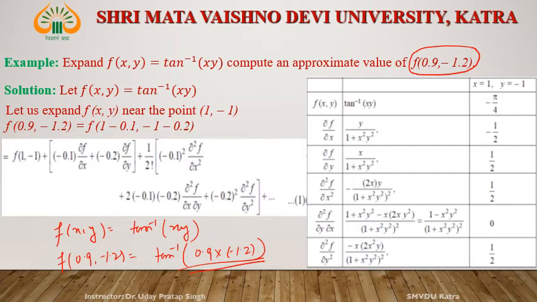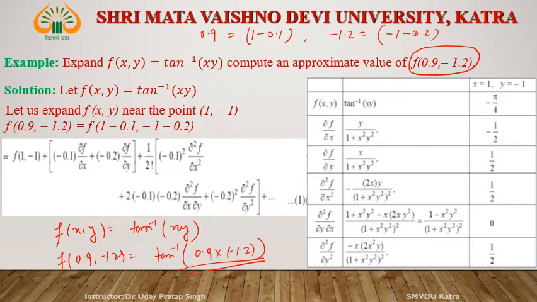Now how we compute this? We know that what is 0.9? 0.9 can be written as 1 minus 0.1. Okay, this is equal to 0.9, right? What is minus 1.2? This is minus 1 minus 0.2.